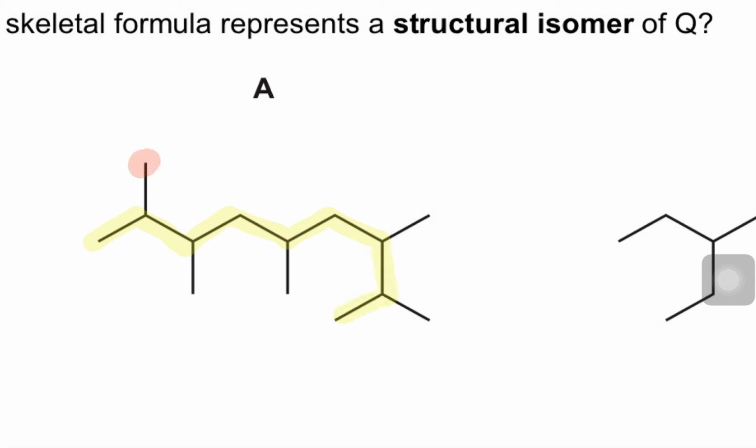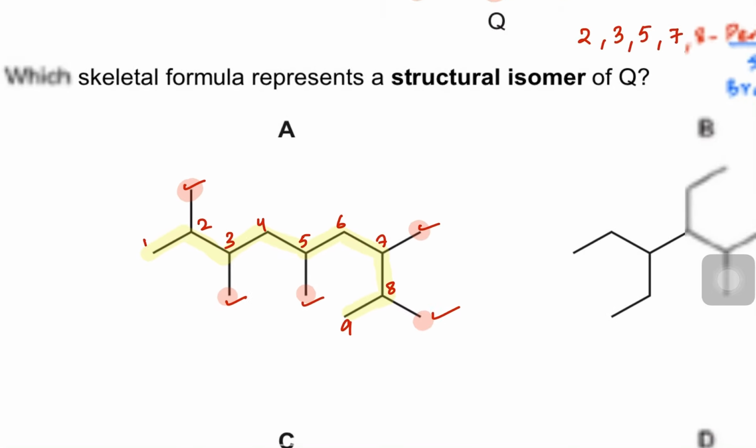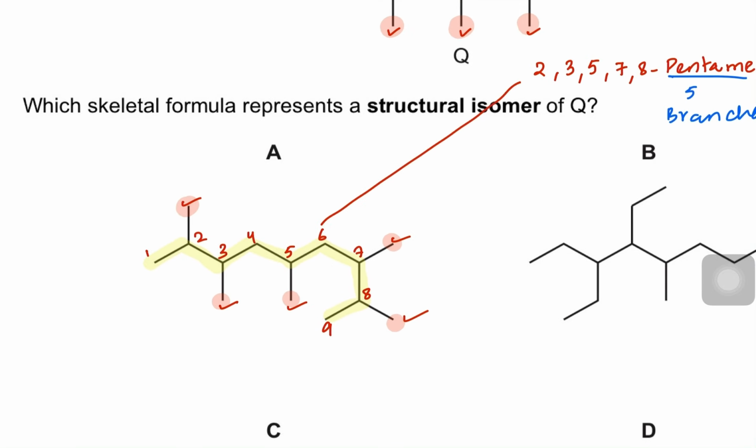These are your methyl groups. Carbon 1, 2, 3, 4, 5, 6, 7, 8, 9. There's a methyl on 2, 3, 5, 7, and then 8. I think it's exactly the same name, so they are identical structures. It's not an isomer because it's exactly the same structure.